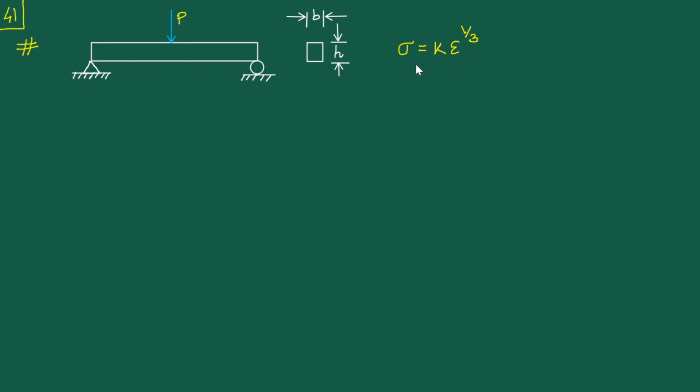Note that no subscripts are given here, because we are still adhering to the understanding that the dominant stress will be sigma xx, where x is in this direction. So this still is our x direction and this is indeed sigma xx.